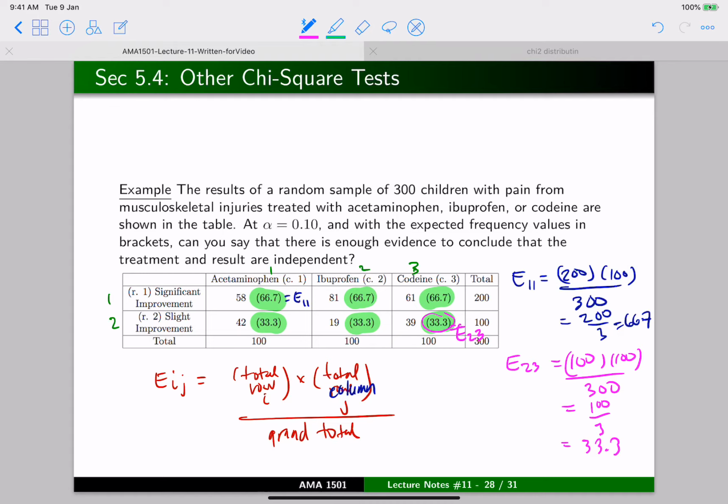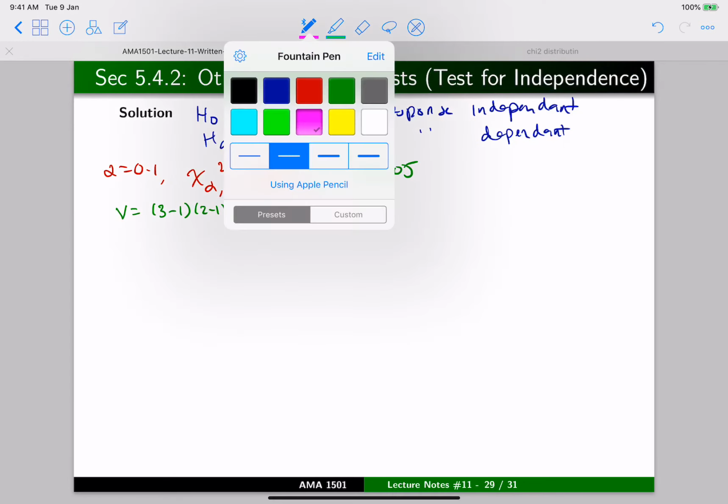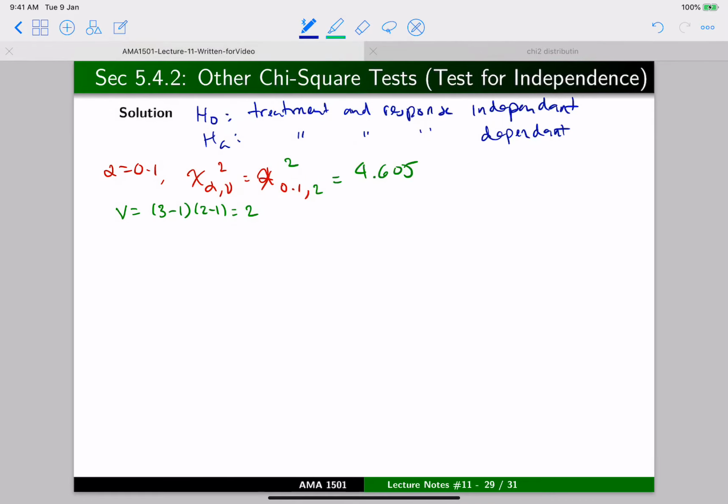Okay, so then we just need to calculate the chi-square test statistic.